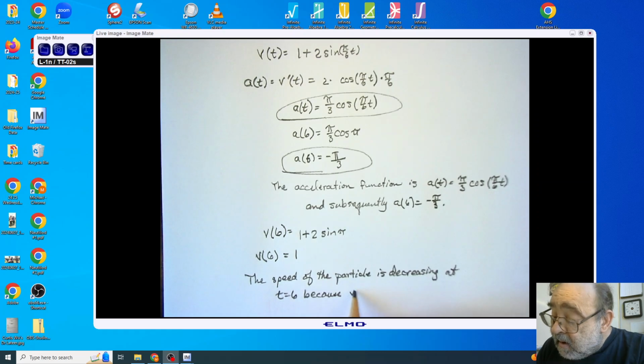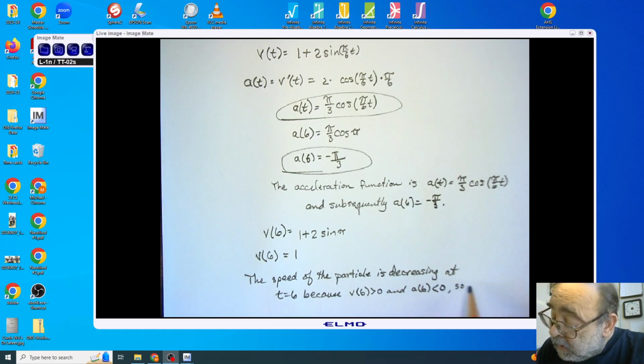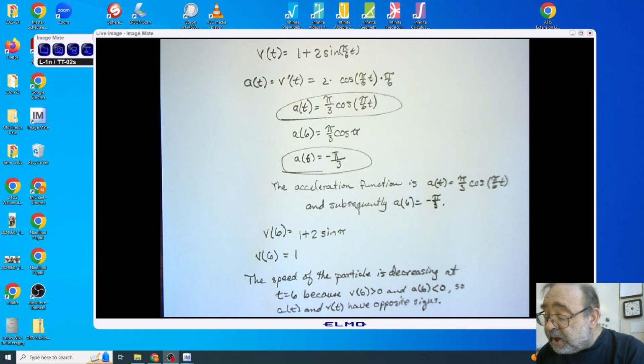I'm going to say that v of 6 is greater than 0 and a of 6 is less than 0. So a of t and v of t have opposite signs. That's my justification and my reasoning and my answer.